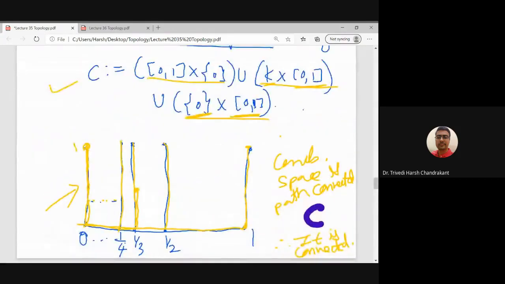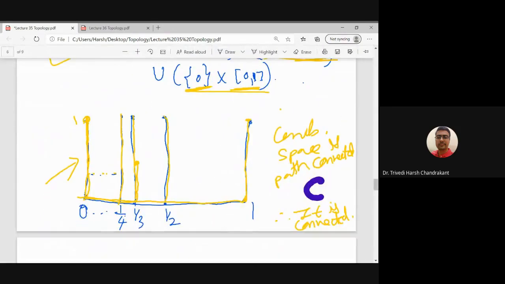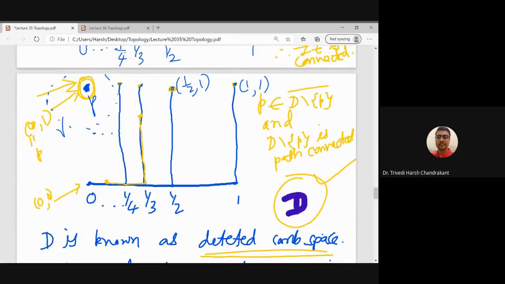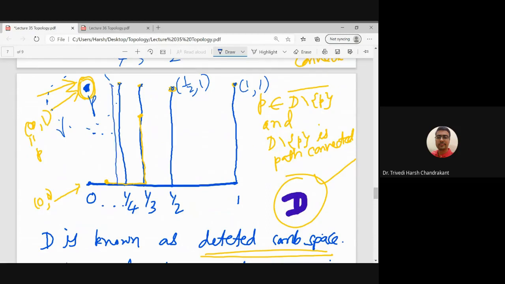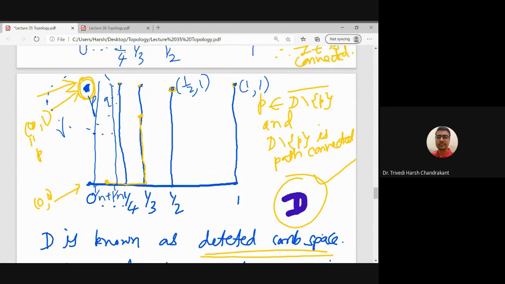So let us go here. I have these two lines. Let us call this one 1 upon n, this is 1 upon n plus 1, and this point Q is on this line, let us say.